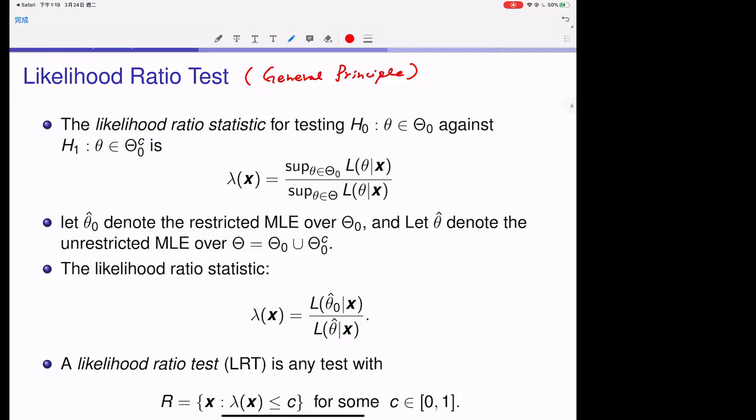Yes, we do. The most generally used one is the so-called likelihood ratio test, LRT.